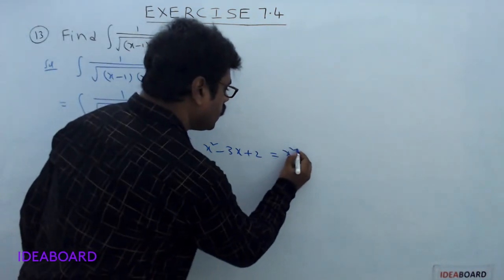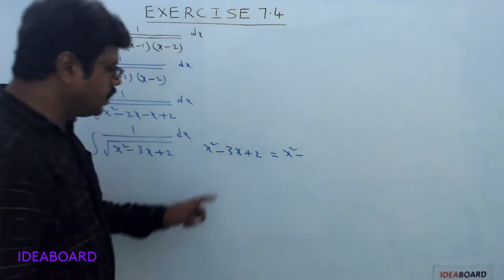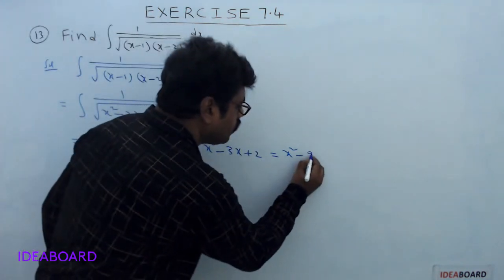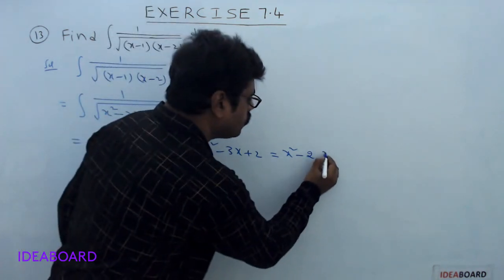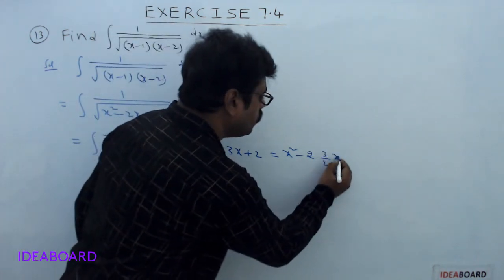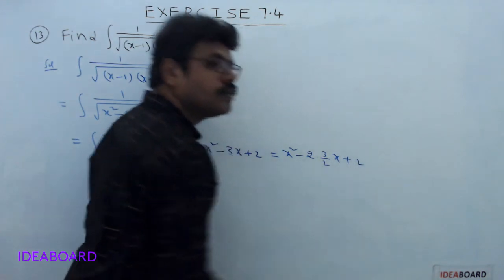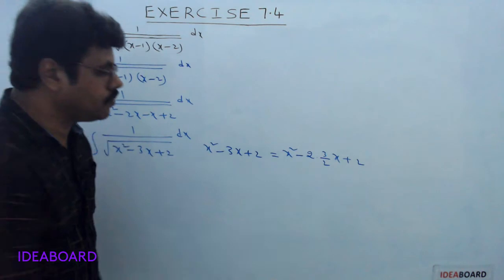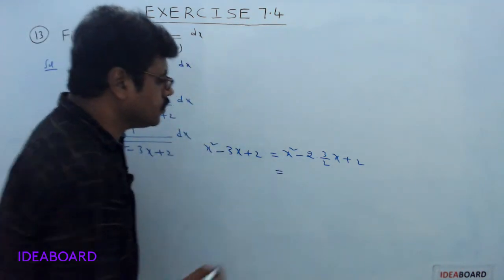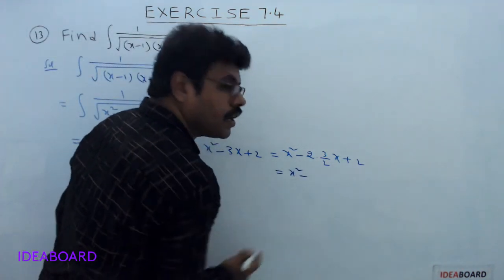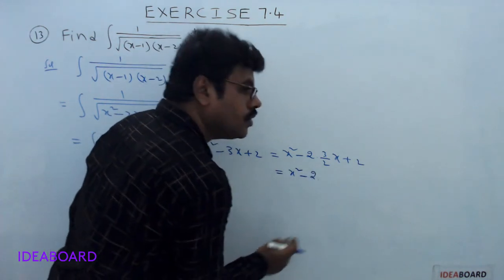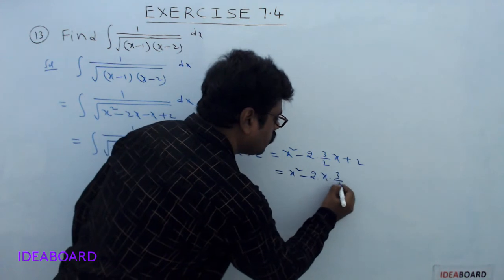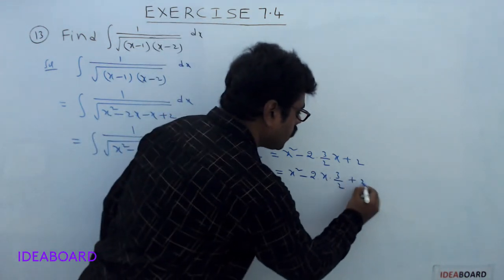Now this is equal to x square minus, multiplying and dividing with 2 to the second term, minus 2 into 3 by 2 into x plus 2. Now this is x square minus 2 into, interchanging this 3 by 2 and x, x into 3 by 2 plus 2.